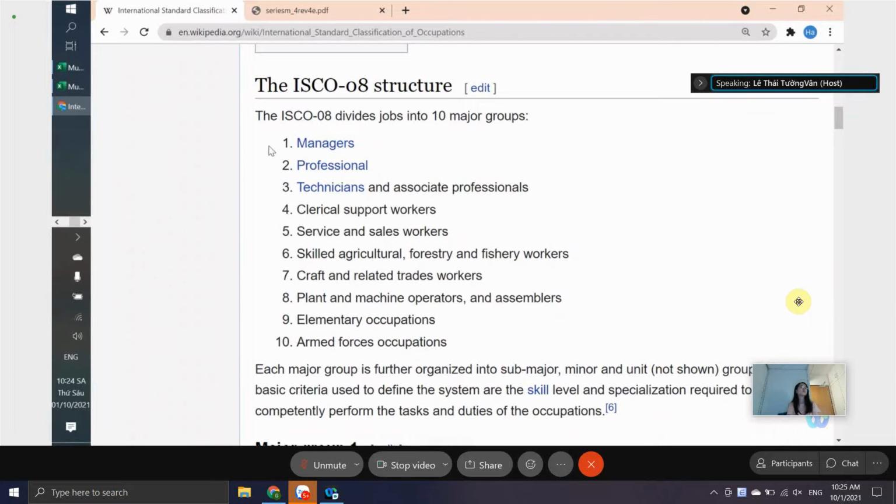Looking at the label of the group, you might also have some idea on the basis of classification. That is the skills level, what kind of skills that you have.